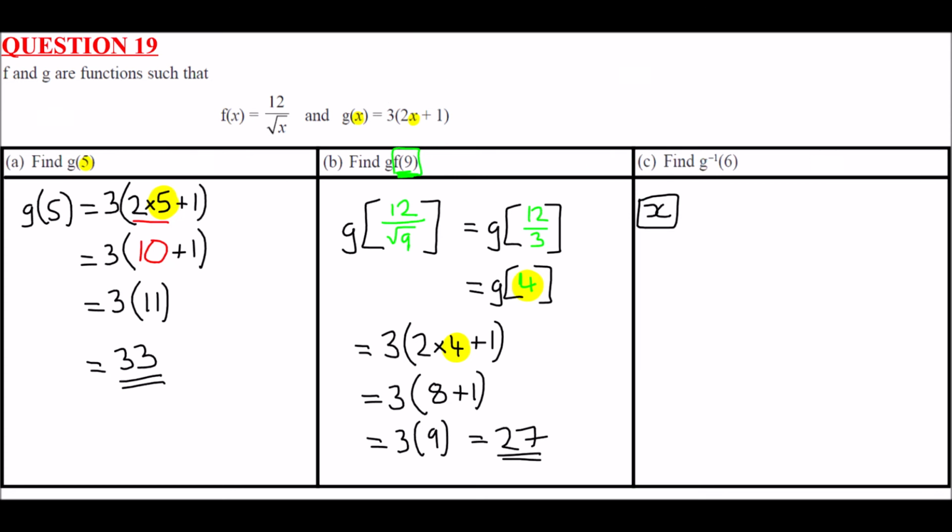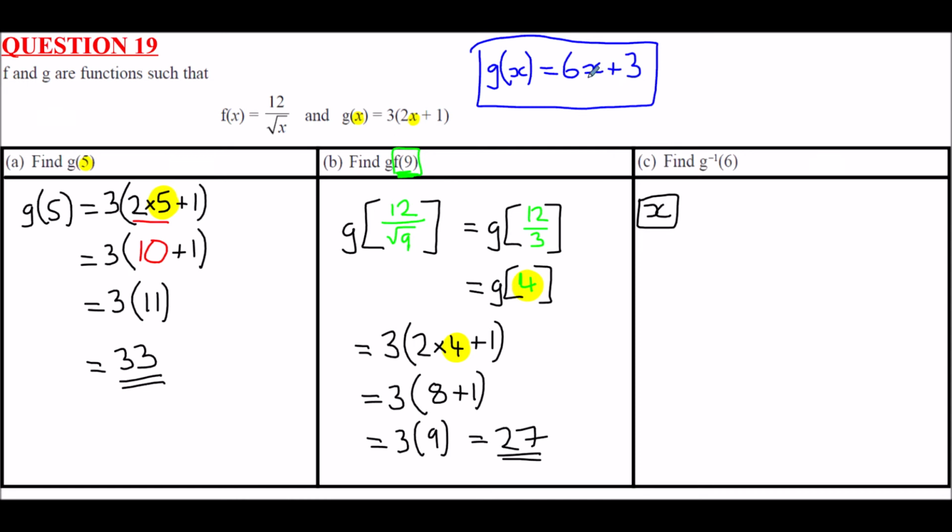But what we're going to do here, my suggestion would be to expand the brackets to make g easier to see. So g of x, if we expanded these brackets, 3 times 2x is 6x, and 3 times 1 is 3. So we're going to think of g of x like this, because this version of g of x is just a bit easier to deal and picture with than this one.